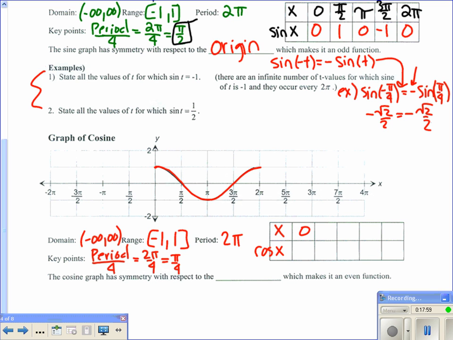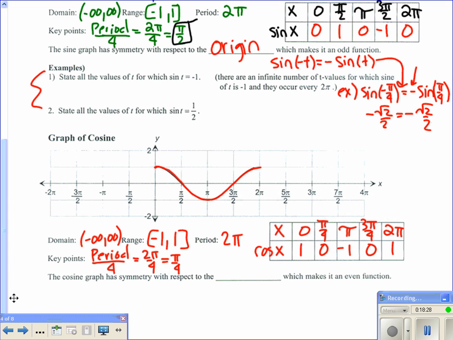So I start at 0, then pi over 2, pi, 3 pi over 2, and 2 pi gives me my values. And it's easy to do right now, but like I said, those values will be changing when we do transformations. So the cosine of 0 is 1. The cosine of pi over 2 is 0. The cosine of pi is -1, and then 0 and 1. And again, you can get those values from a unit circle.